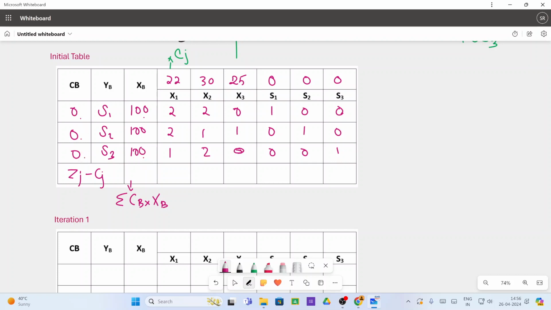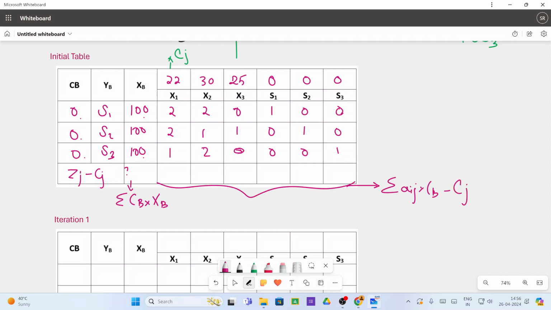In order to find out these values, you have a formula: summation of Aij into CB minus CJ.